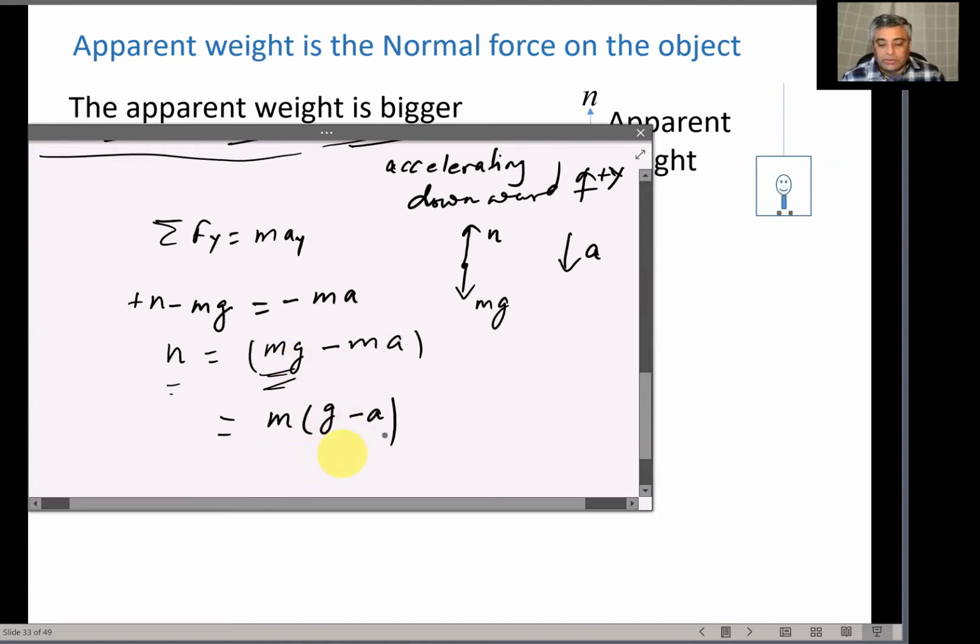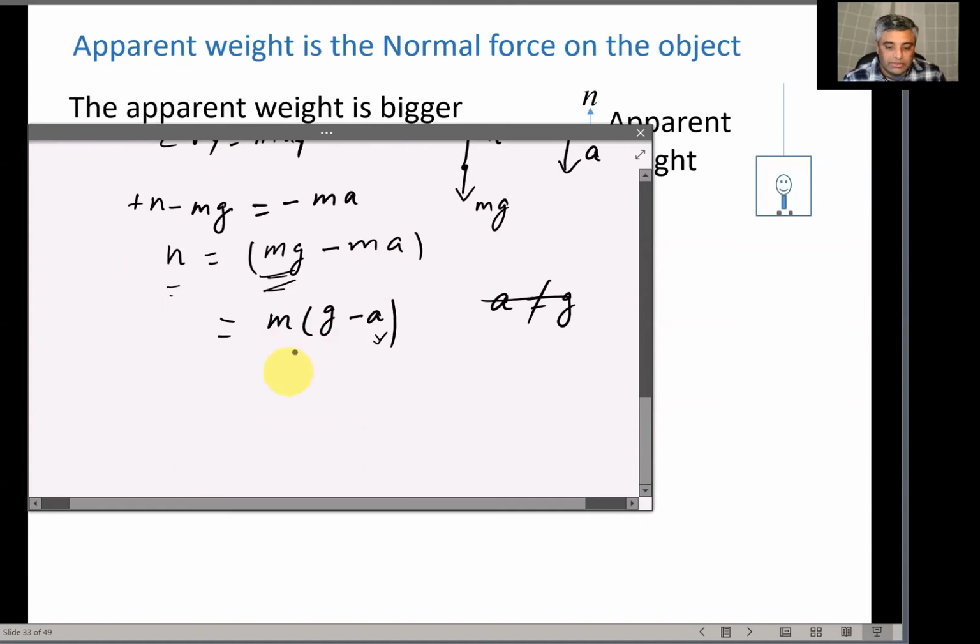So now, when I write something like this, let's say here there is acceleration of the elevator, or your acceleration if you are riding on the elevator. Now let's suppose A is G. Let me write here so that we don't get confused. So when acceleration is equal to G, what's going to happen to the normal force?